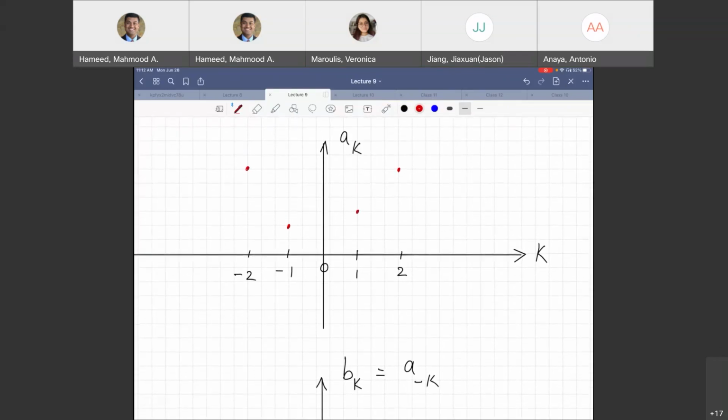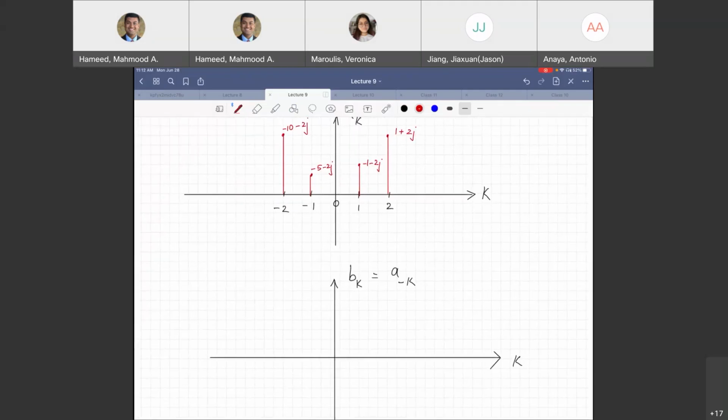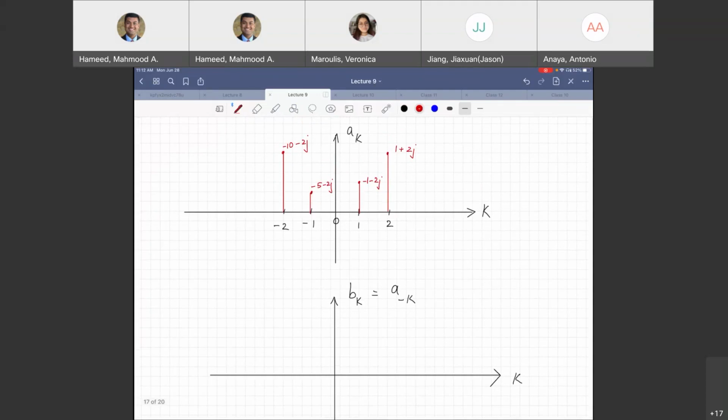So I'll say this guy, no DC term. I'll say this is, say, 1 plus 2j, minus 1 minus 2j. Don't worry about the axis here. Negative 5, negative 2j, negative 10, 2j. All right, some complex numbers. When you try to sketch that for bk, all you're doing is what?